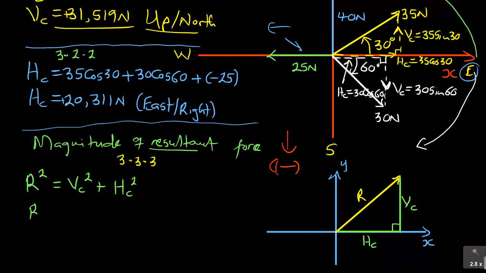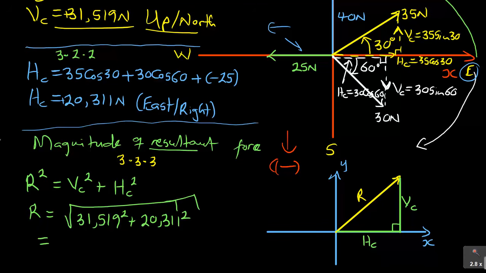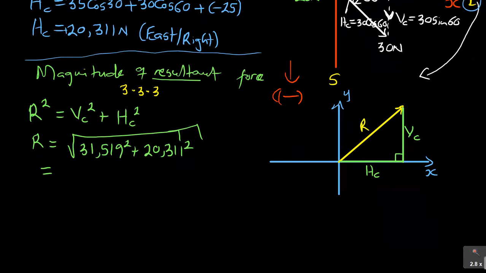So your R is the square root of VC squared, in this case our VC was 31,519 squared plus HC squared, which was 20,311 squared. So this is actually what you're doing. That is the magnitude.